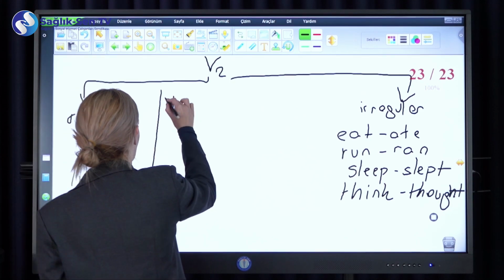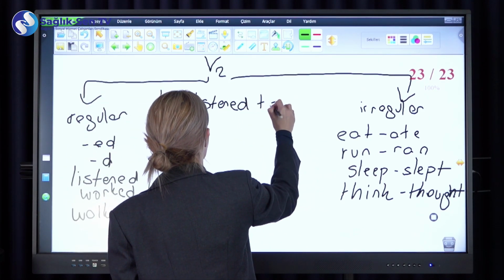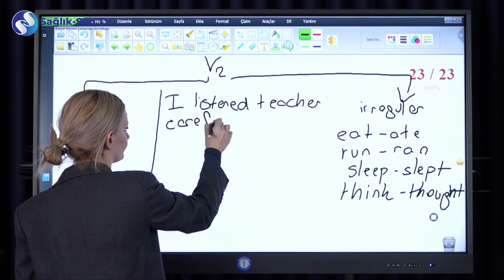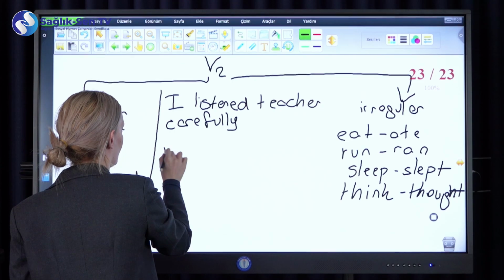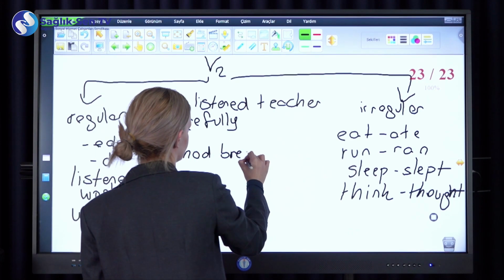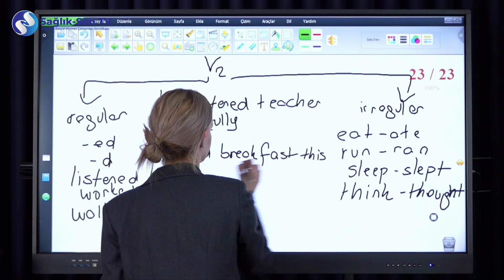For example, I listened to the teacher carefully. I had breakfast this morning.